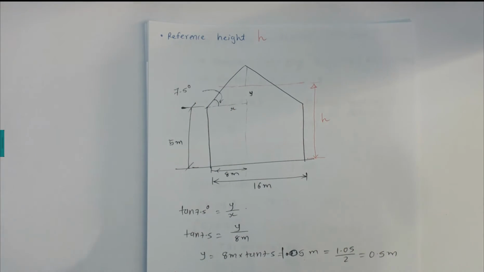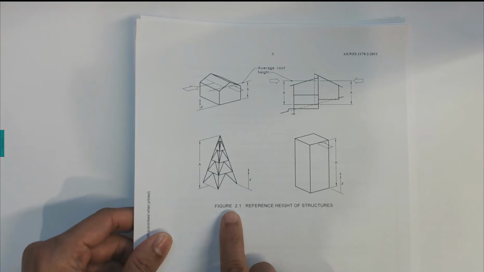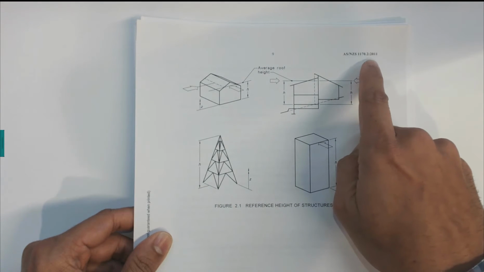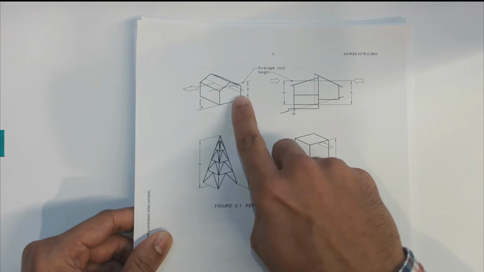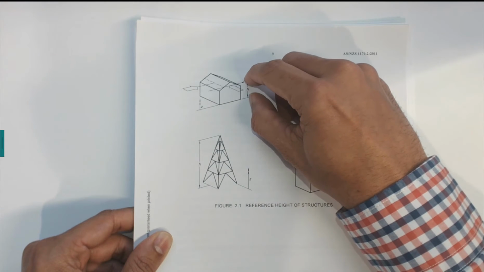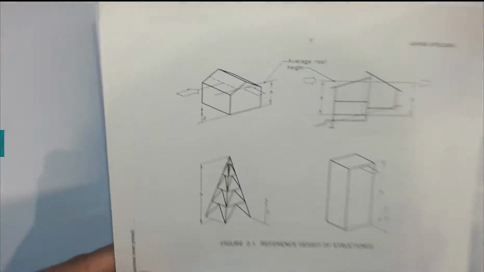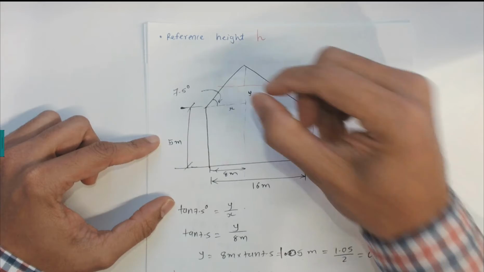So how can we know where the reference height is located? The reference height can be found in figure 2.1 on page 9 of AS/NZS 1170.2. This is what the structure looks like. If the wind is blowing from these sides, we have a reference height of h here. So that's what I draw here. That would be half of these two.